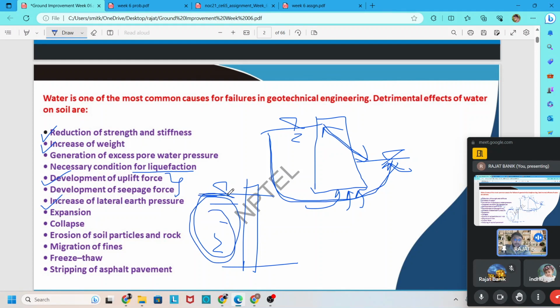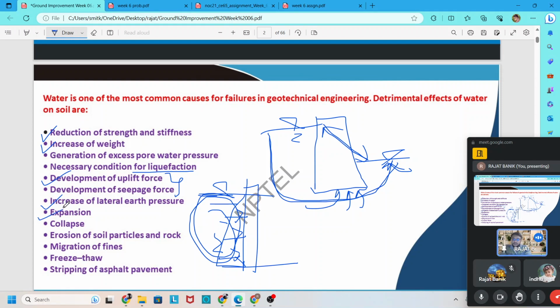This hydrostatic force creates extra force on the retaining wall, so lateral earth pressure is increased, and the retaining wall may fail.